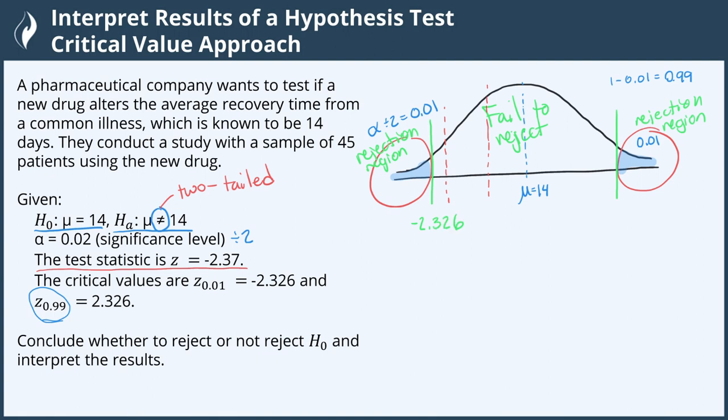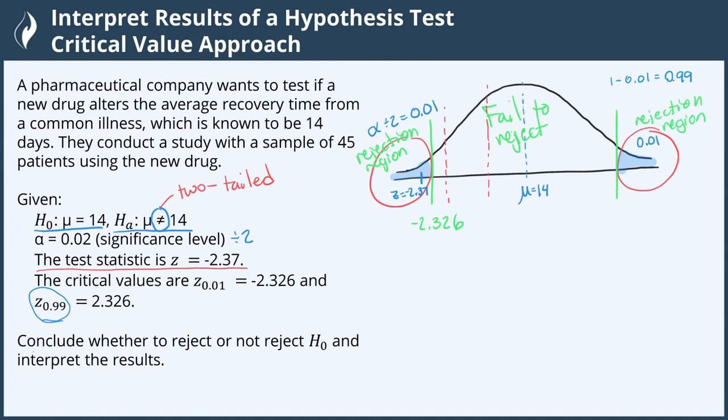And our z-score for our test statistic is negative 2.37. So we're a little closer to the negative 2.5. So here's our z at negative 2.37, which puts us into the rejection zone.